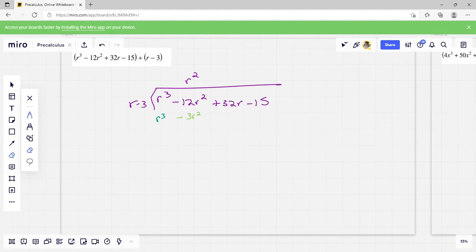Okay, the next step, once we've multiplied, so we divide, we figure out what we have to multiply, and then we multiply, so we multiplied this out.